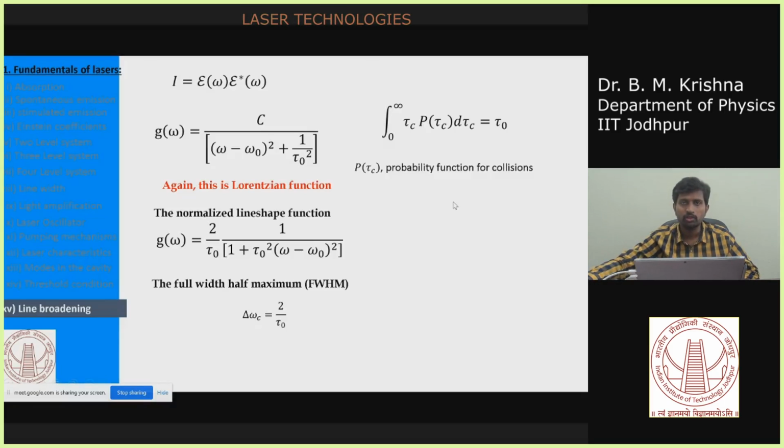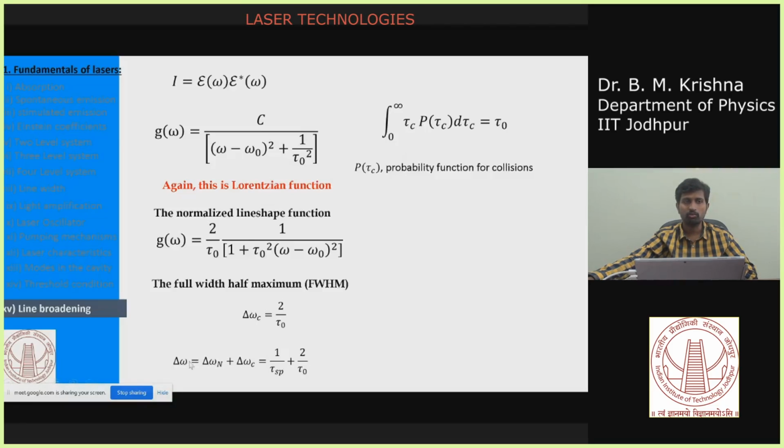In general you always have a natural broadening that is added to whatever the other broadening mechanisms are. Inherently we always have a natural line broadening for the atoms, and whatever other broadenings there are will add up to expand the width of your spectral region.